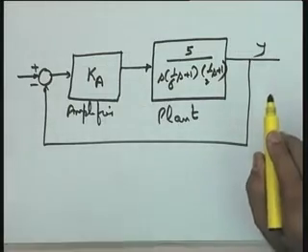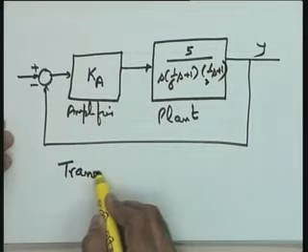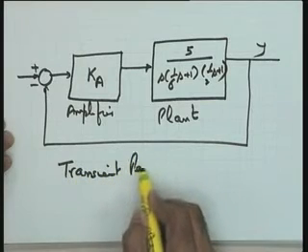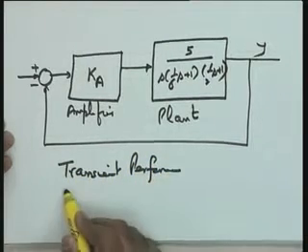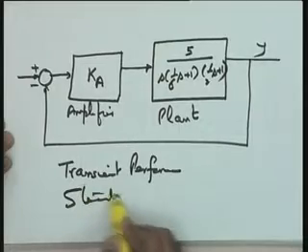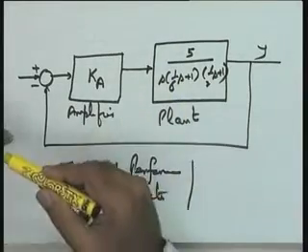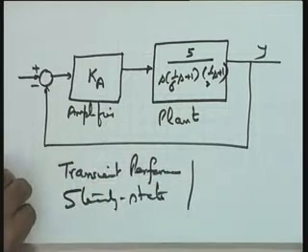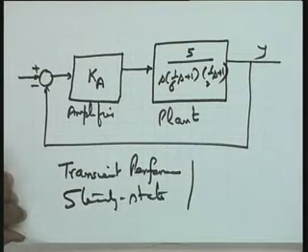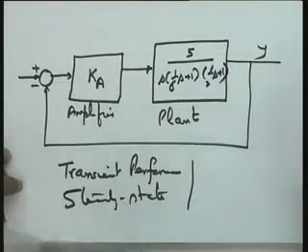With that logic, the transient performance requirements and the steady state performance requirements will be the prime requirements the user will impose. Once I have completed my design with respect to these requirements, I will see whether robustness, disturbance rejection and other requirements are okay or not.